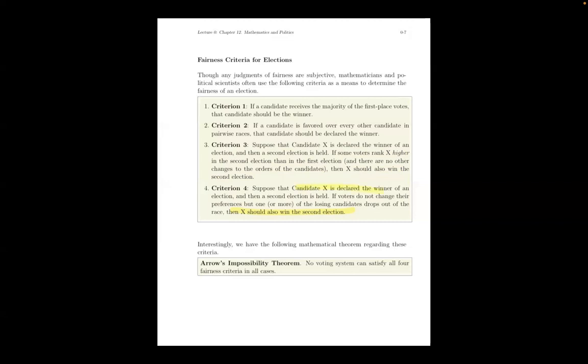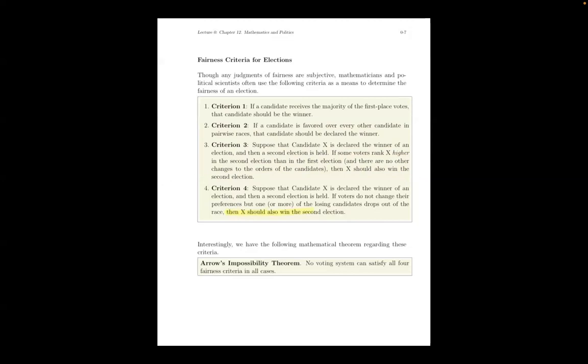So if in another reality there was a second election, and in that reality voters did not change their preferences, but they didn't have some of the losing candidates to vote for, not all of them, of course, but one or more of the losing candidates were not in the alternate reality's election, then candidate X should also win that second election.